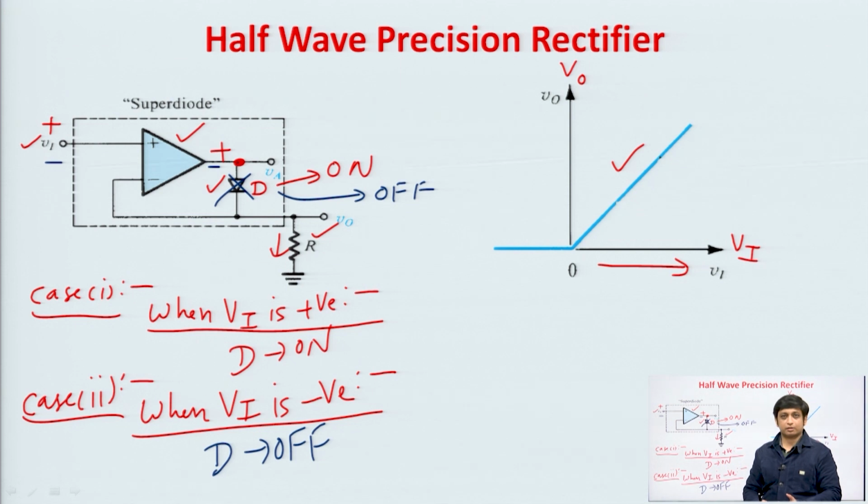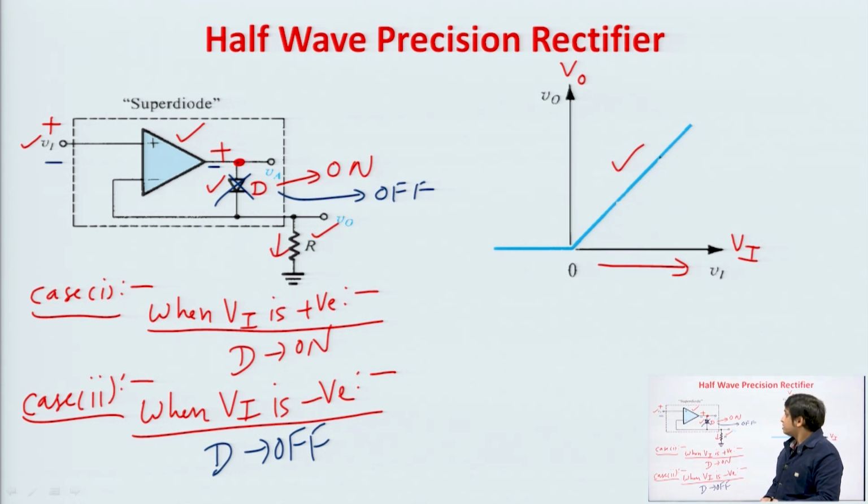If Vi is negative, then diode D is off and this circuit is in open loop configuration, it will be in saturation. Whenever the circuit goes into saturation, it will take some time to get back from saturation into linear. So, it will slow down this circuit. That is the drawback of this half wave precision rectifier.